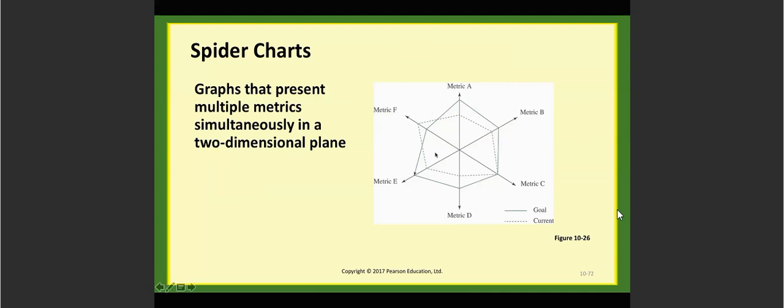Spider chart is very interesting because it allows you to know where you are now. What is your performance now? Okay, this may be the metrics.